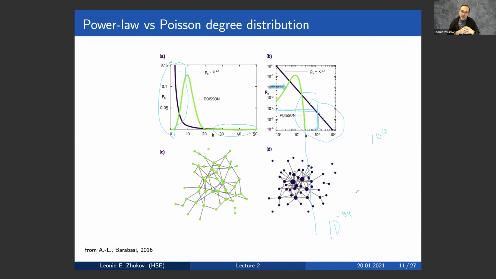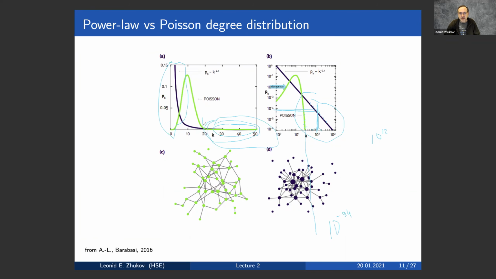And the whole point here is that it is not, it is very far from Poisson. With this power law, there is a pretty high probability of having very large nodes, while in Poisson it is a very, very small probability. That's why I'm paying attention to this tail, right?